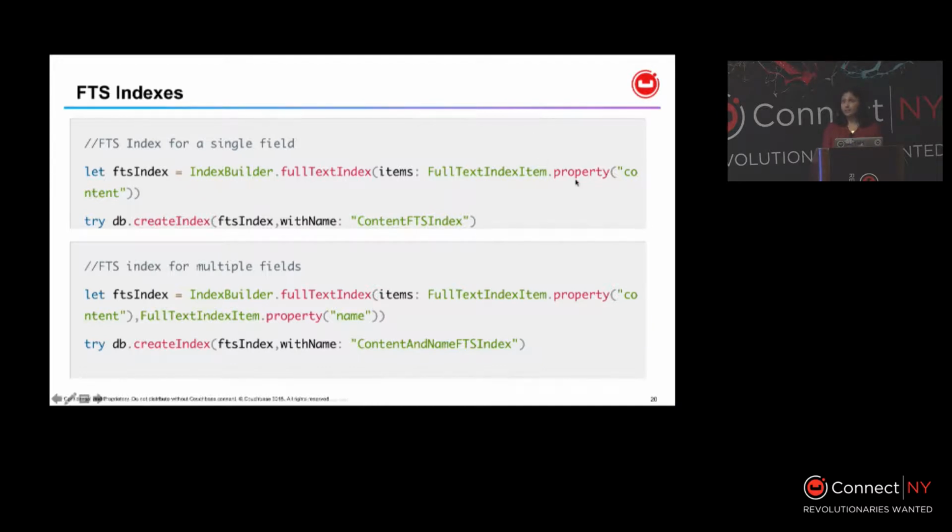It can be a single array item, so over here, content. Or in the second case, you want to create an index on both content and name. Create the index and give it this name. This is the index name that I referenced, if you recall two slides back, in the full text search expression. So creating indexes is pretty straightforward.